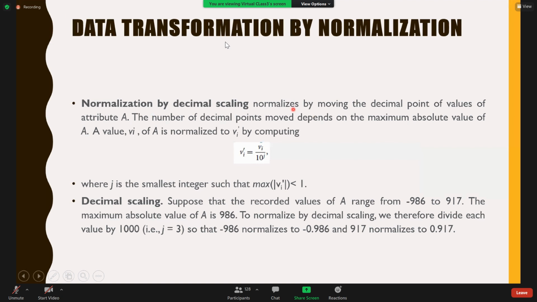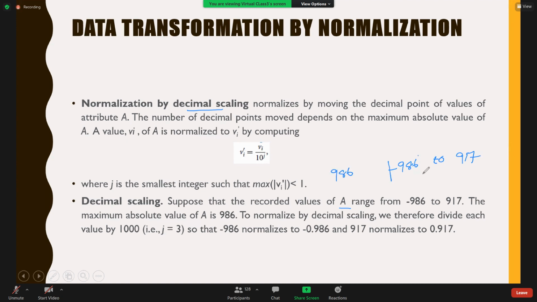One simple technique for normalization is normalization by decimal scaling. First, I'll explain the example, then we'll go to the formula. We have the values of A in the range minus 986 to 917. What is the maximum absolute value of A? The maximum absolute value is 986.